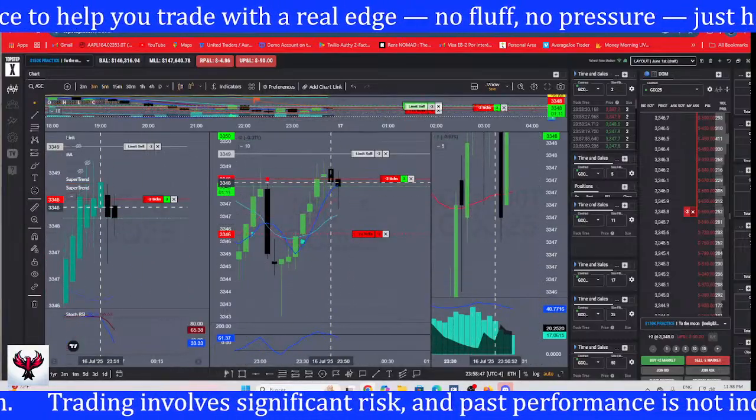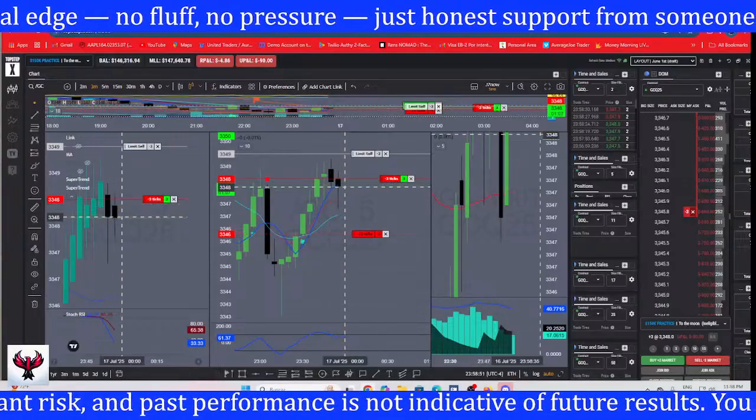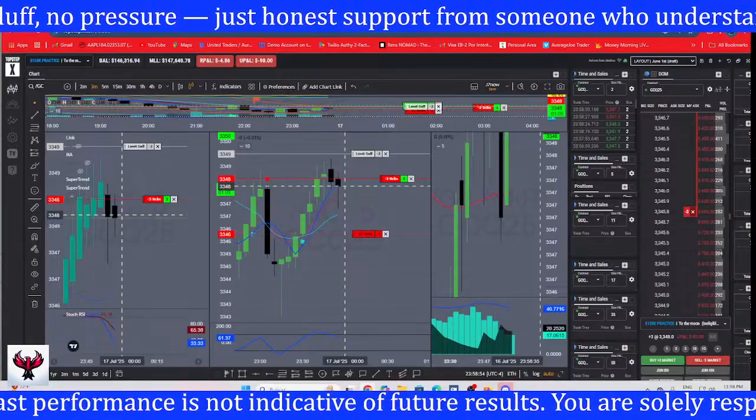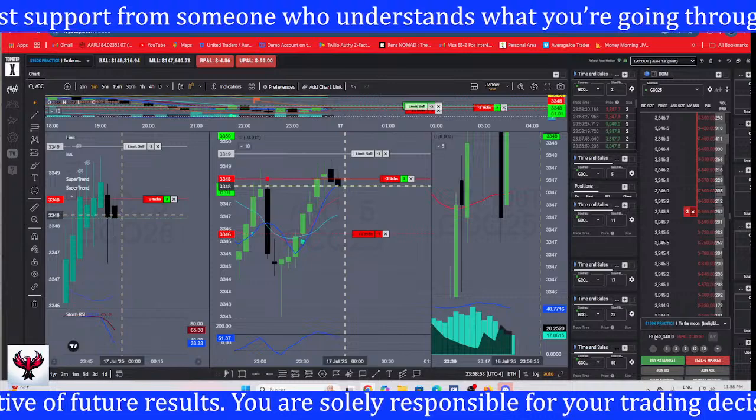This one should start heading north and changing color.